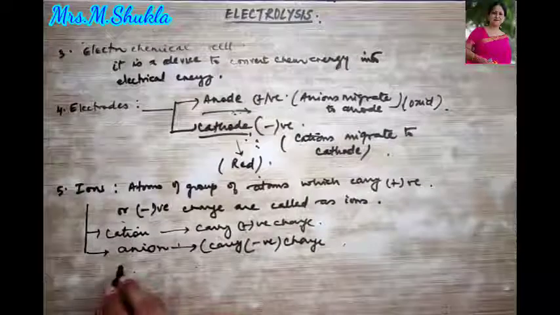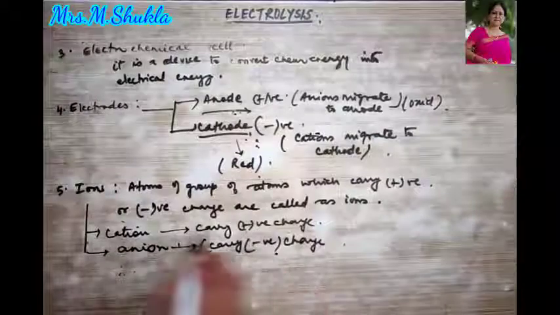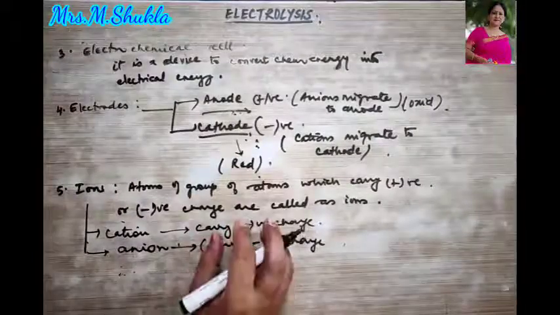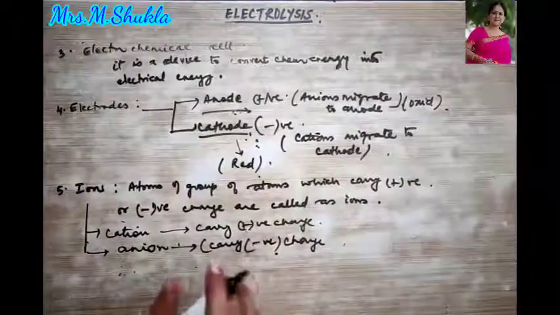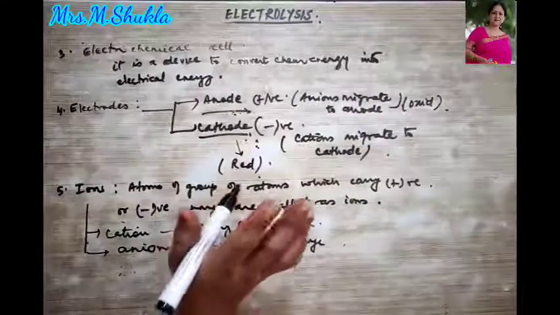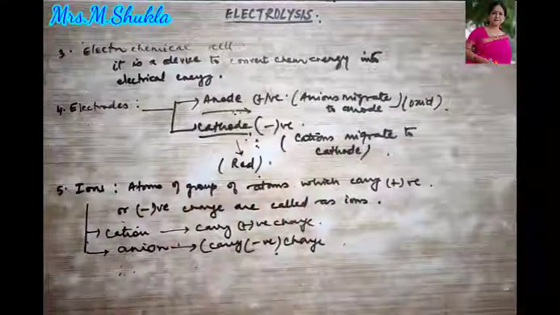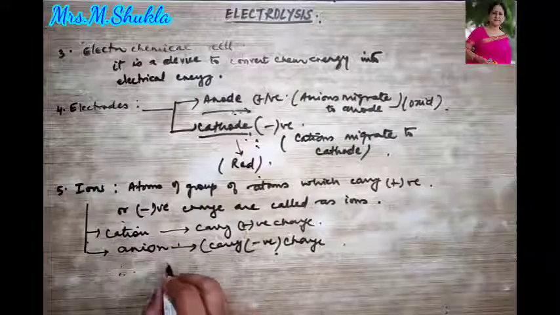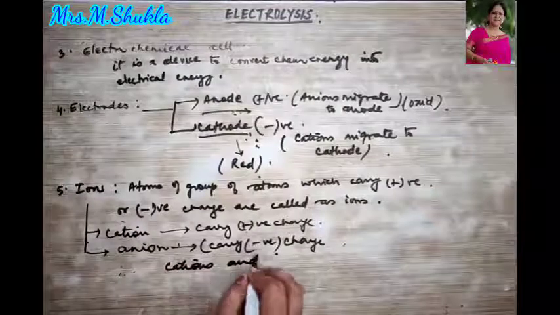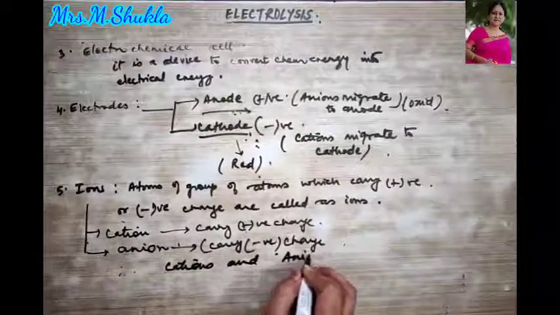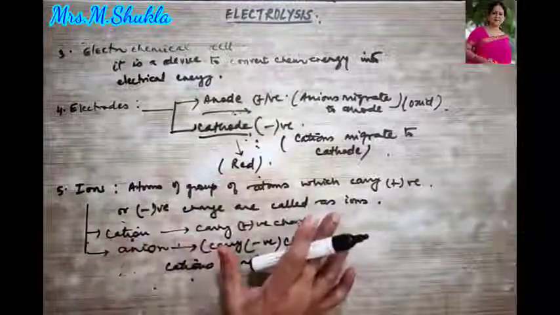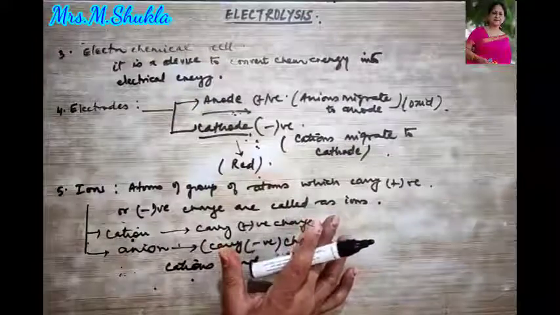So anions are negatively charged, cations are positively charged. Thus the charge on an ion, positive or negative, is always equal to the valency of the atom in the ion. Clear? Now let us also understand the difference between cations and anions. So these were the differences between the cations and the anions.